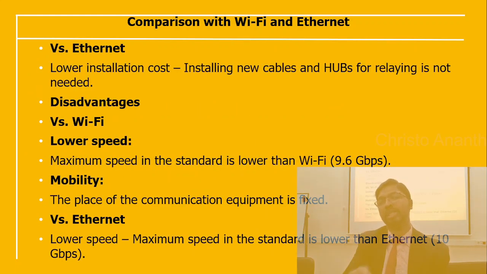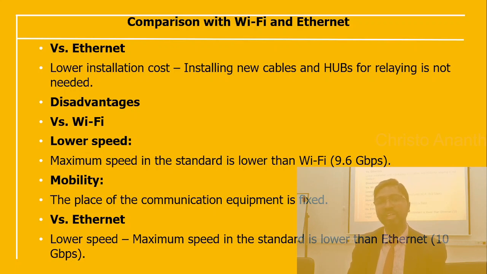If you compare with Ethernet, we have low installation cost, since installing a new hub as well as new cables for relaying is not needed. But compared with Wi-Fi, we have many disadvantages. Lower speed: the maximum speed in the standard is lower than Wi-Fi, which has more speed, like 9.6 gigabits per second.